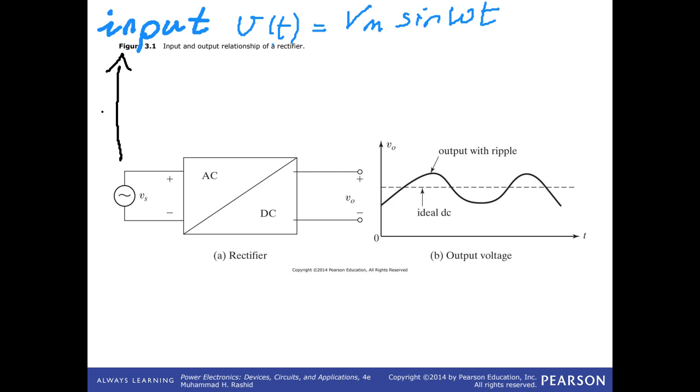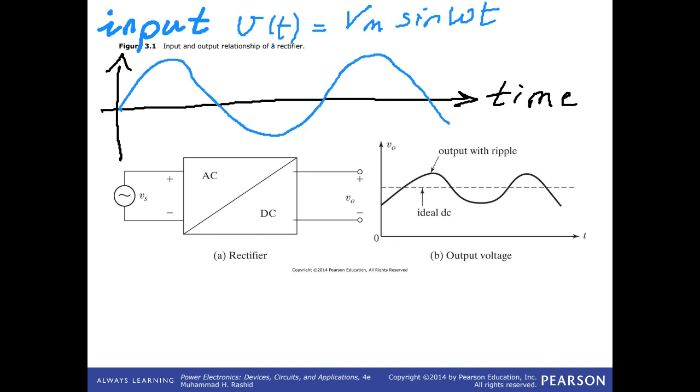This is time. Vm is the peak value, the maximum value.